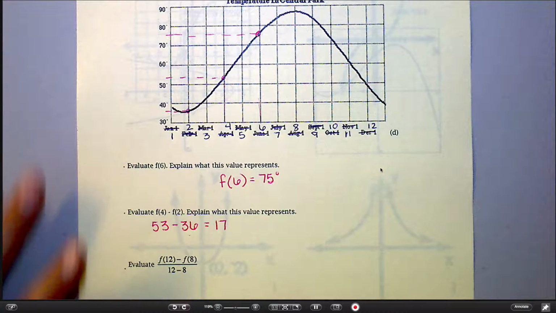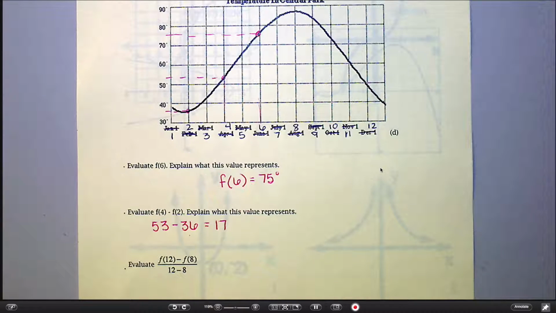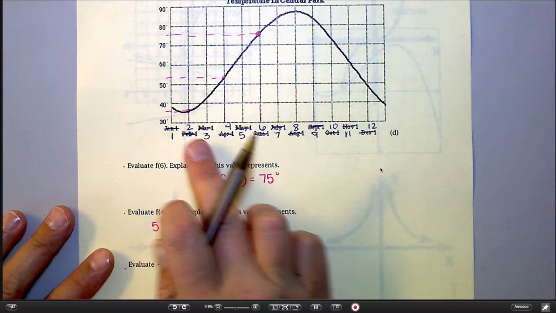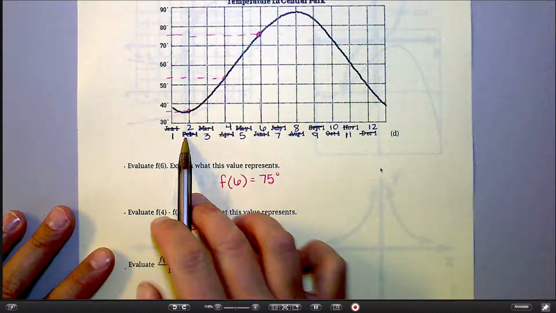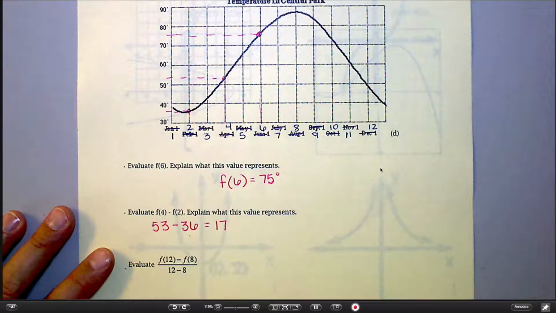What does that 17 mean? It's the difference. It's how much it increased from February to March. Or sorry, from February to April, because that was months 2 and 4.